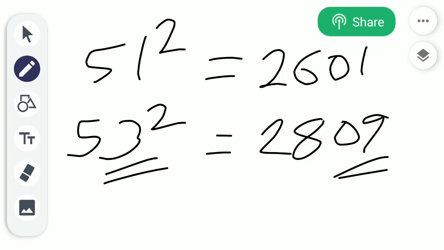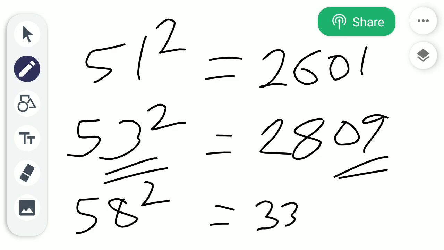Let's take one more example, 58 square. 58 is 8 more than 50, so we add 8 to 25. 25 plus 8 is 33, and the square of 8 is 64. See how easy and fast this method is.